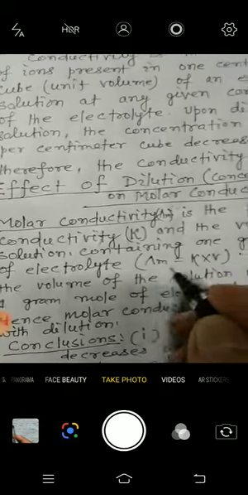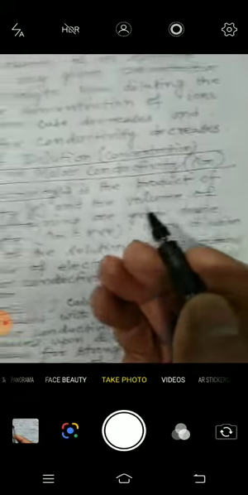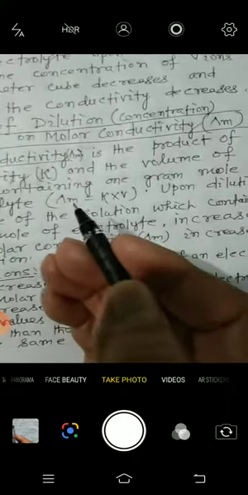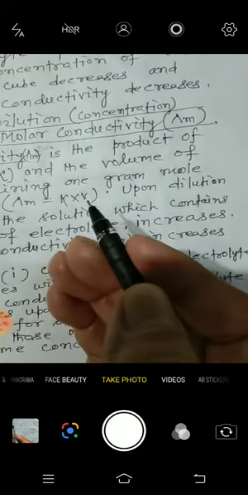Molar conductivity is the product of conductivity and the volume of solution containing 1 gram mole of electrolyte. Hence, molar conductivity is equal to K (kappa) multiplied by V.